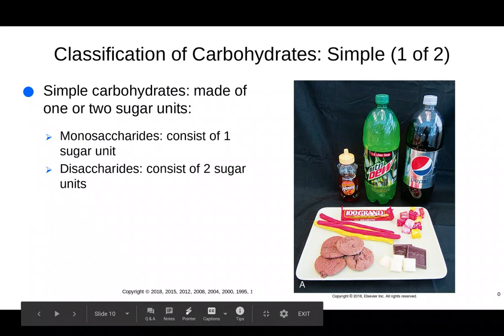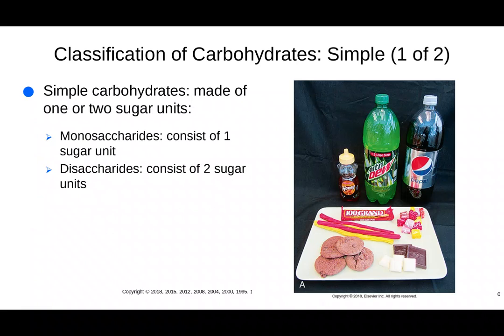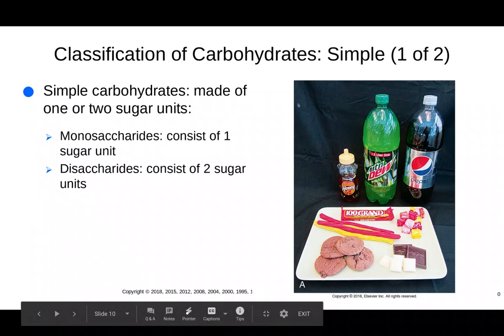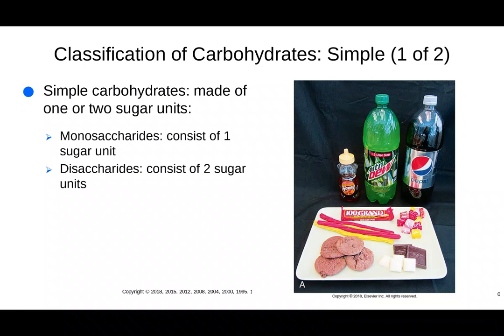So we've got two different classifications of carbohydrates. Simple, which means that they're made up of one or two sugar units. Monosaccharides have one sugar unit, and disaccharides consist of two sugar units. Remember that mono means one and di means two.